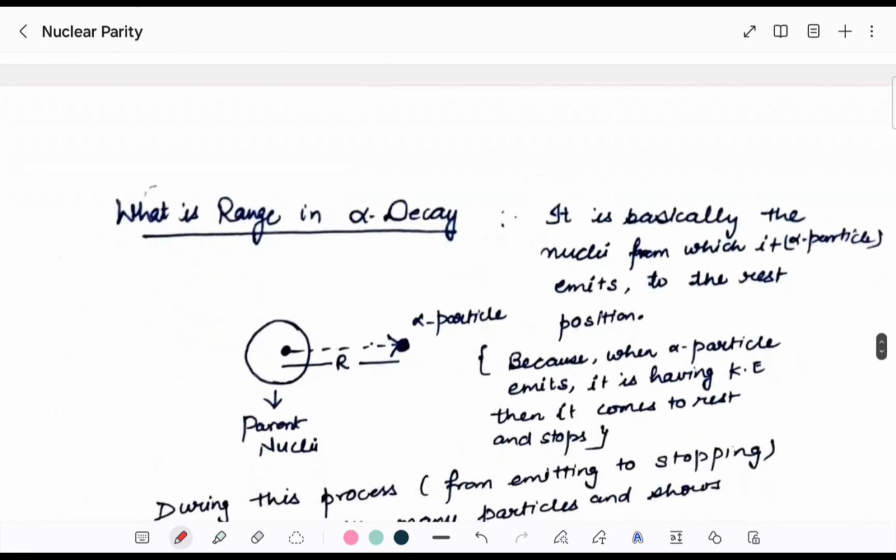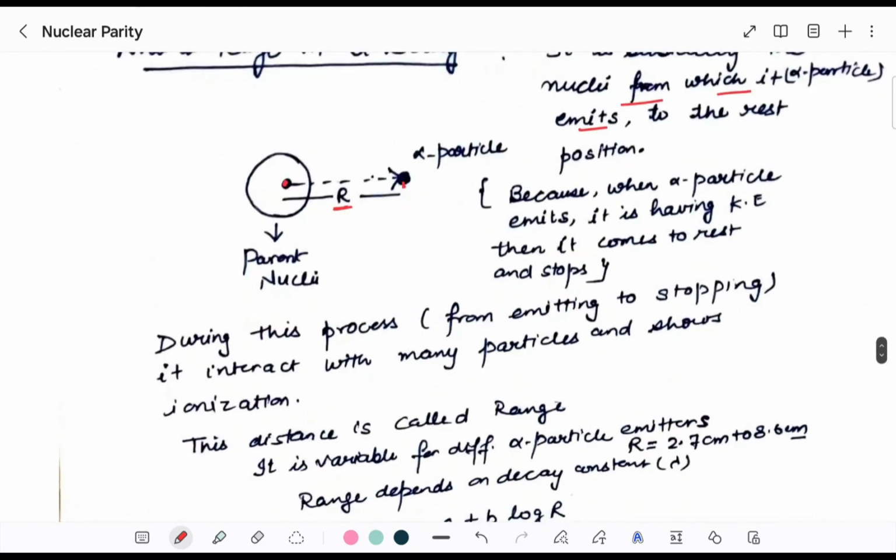Now what is the range of an alpha particle? Suppose an alpha particle is generated here, and after traveling a distance r it stops at this point; this distance is known as the range of the alpha particle. During this process, from emitting to stopping, it interacts with many particles and shows ionization.